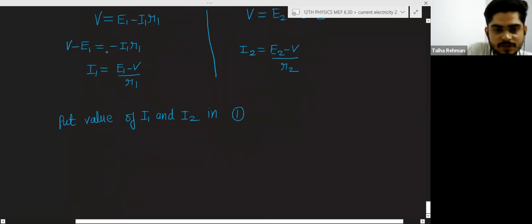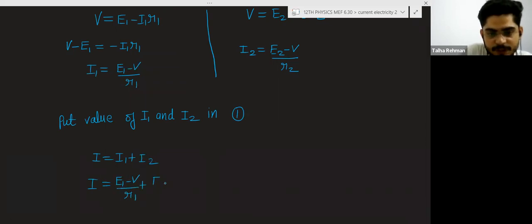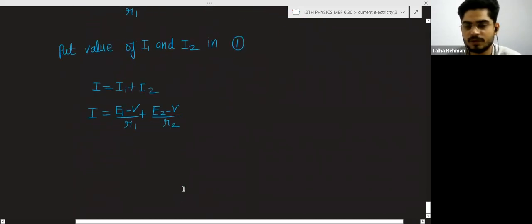What is equation 1? I is equal to I1 plus I2. Now put the value of I1, which is E1 minus V divided by R1, plus I2, which is E2 minus V divided by R2. Now the whole part is calculation.